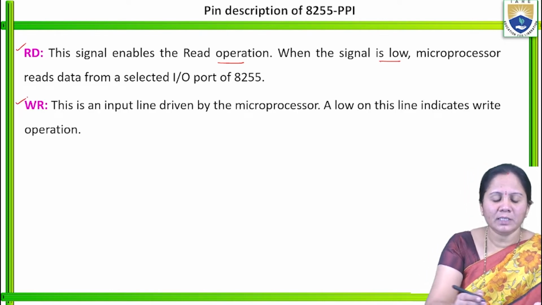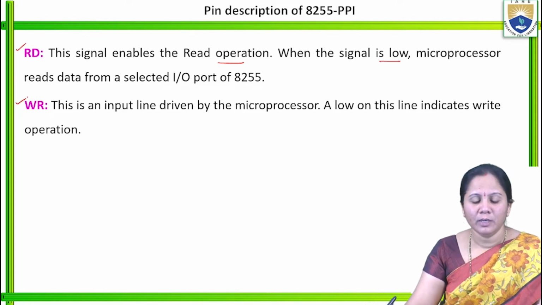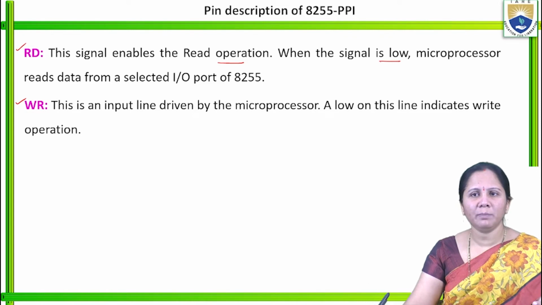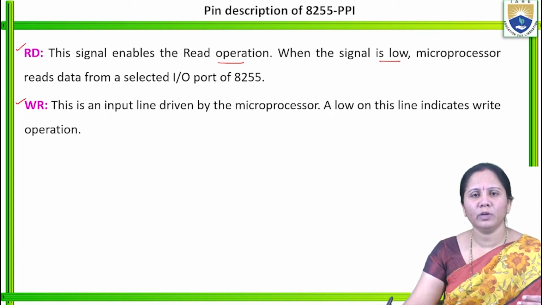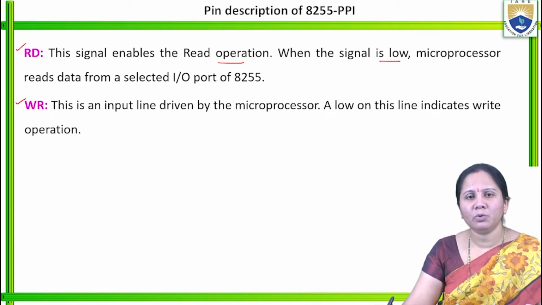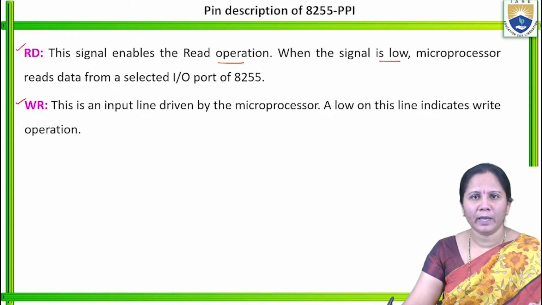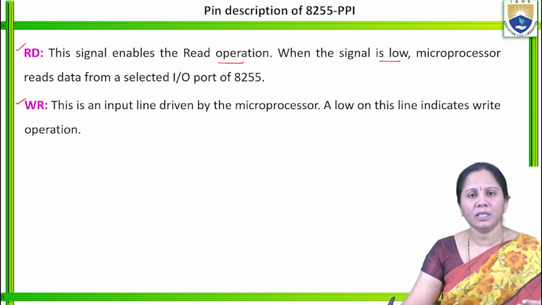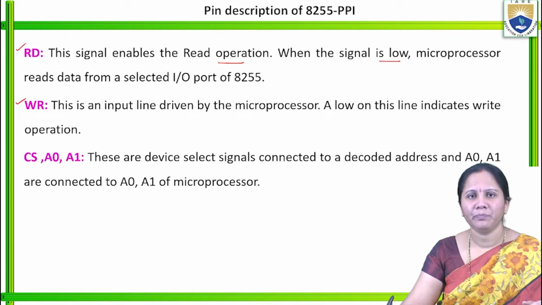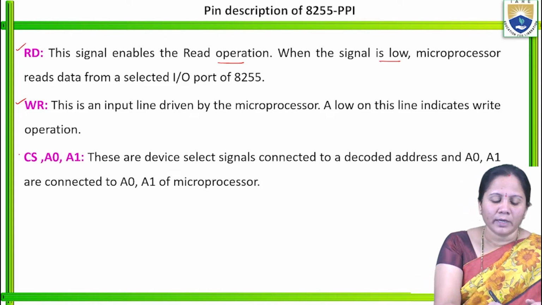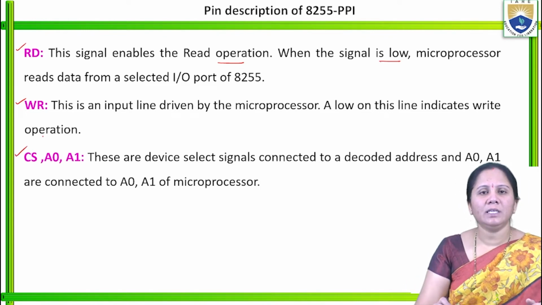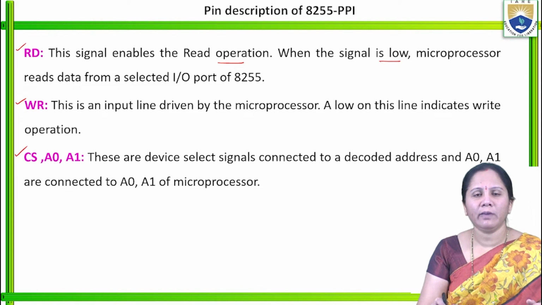And another pin is here WR bar. This is the input signal. Using this WR bar signal, the microprocessor is going to write the information to 8255 PPI. So it indicates the write operation. And we can see here the three signals CS, A0 and A1.